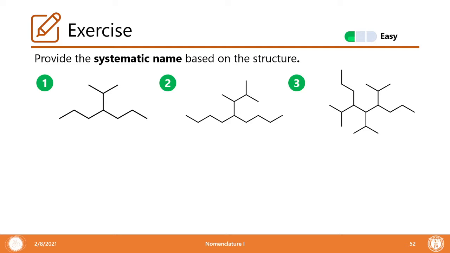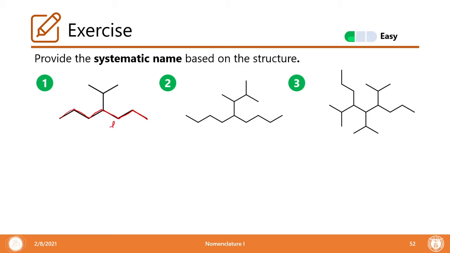Okay, so let's try naming these systematically based on the structure. This is a simple, easy exercise. Let's count the number of carbons in the longest chain. 1, 2, 3, 4, 5, 6, 7.